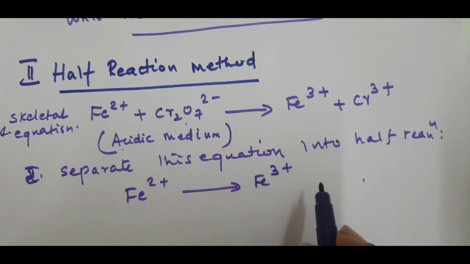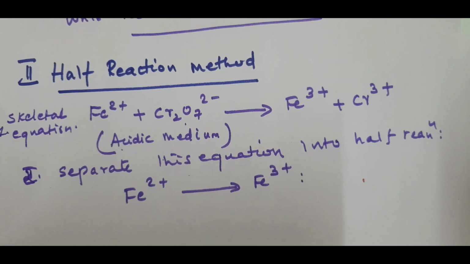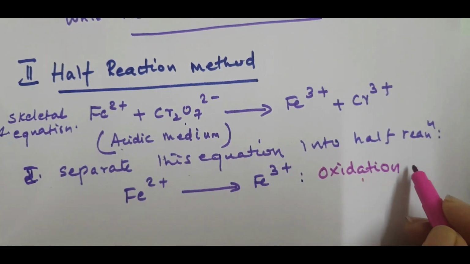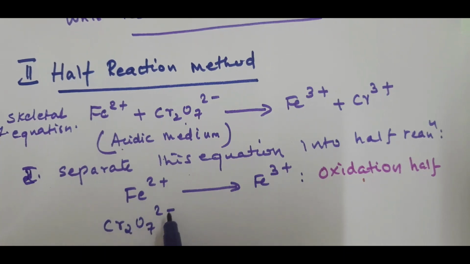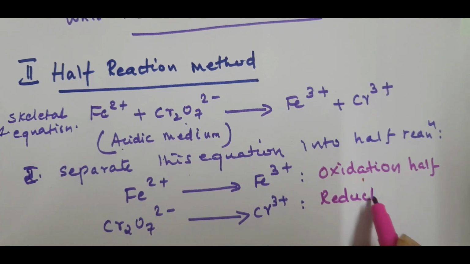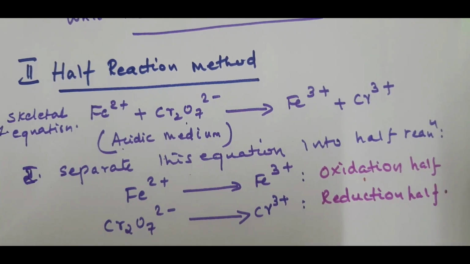Correct? This we call the oxidation half. Now what will be the reduction half? Cr2O7 2- will give you Cr3+. So this you say is the reduction half.